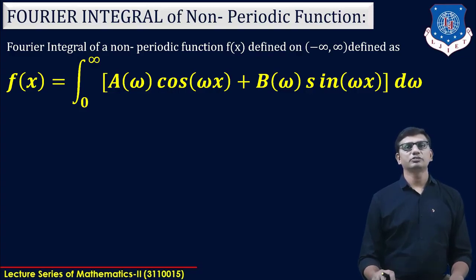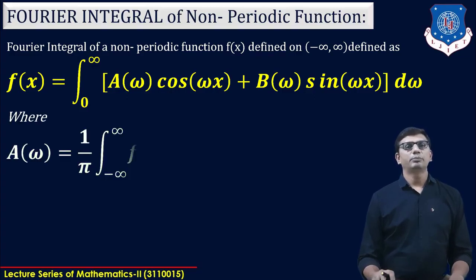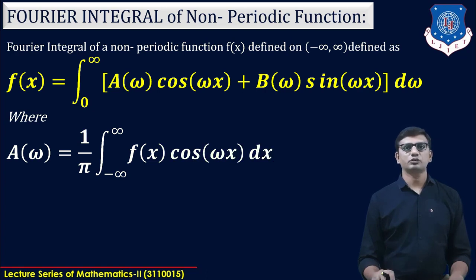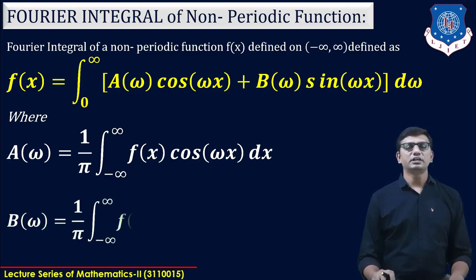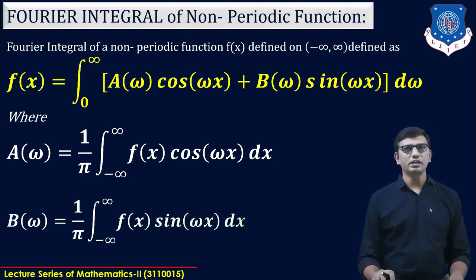Here omega is a positive real number, and A(omega) equal to 1 upon pi integration minus infinity to infinity f(x) cos omega x dx, and B(omega) is 1 upon pi integration minus infinity to infinity f(x) sin omega x dx.